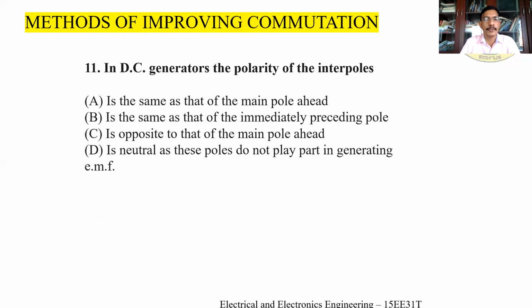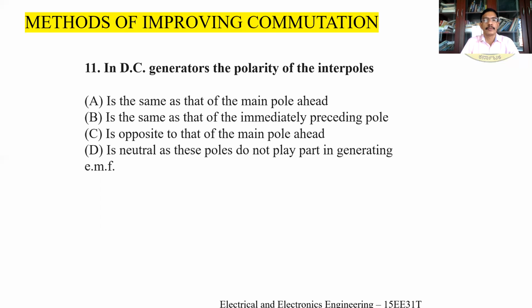Another multiple choice question. In DC generators, the polarity of the interpoles is: option A, the same as that of the main pole ahead. Option B, the same as that of the immediately preceding pole. Option C, opposite to that of the main pole ahead. Option D, neutral as these poles do not play part in generating EMF.